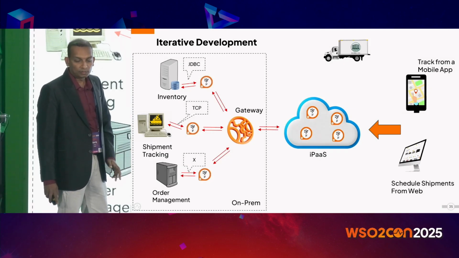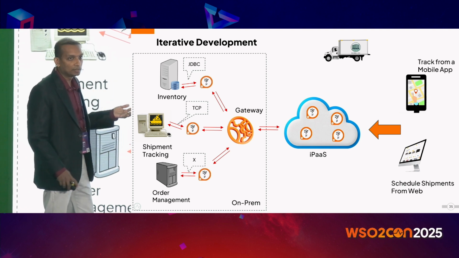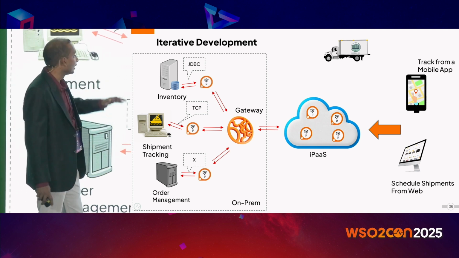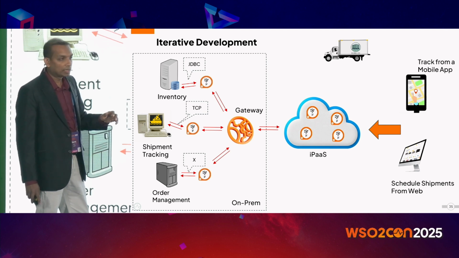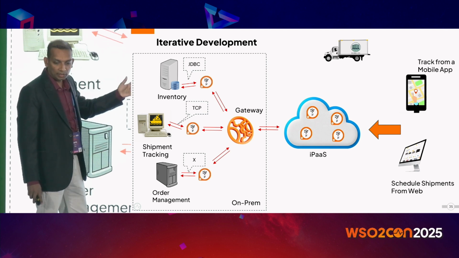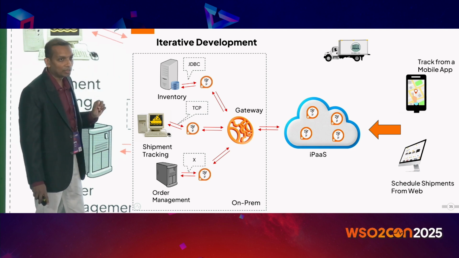And then after some time, we decide that we no longer need this legacy system. We need to get rid of some of the systems. Then we can take an iterative approach for that as well. You can see on the top there's a delivery van.